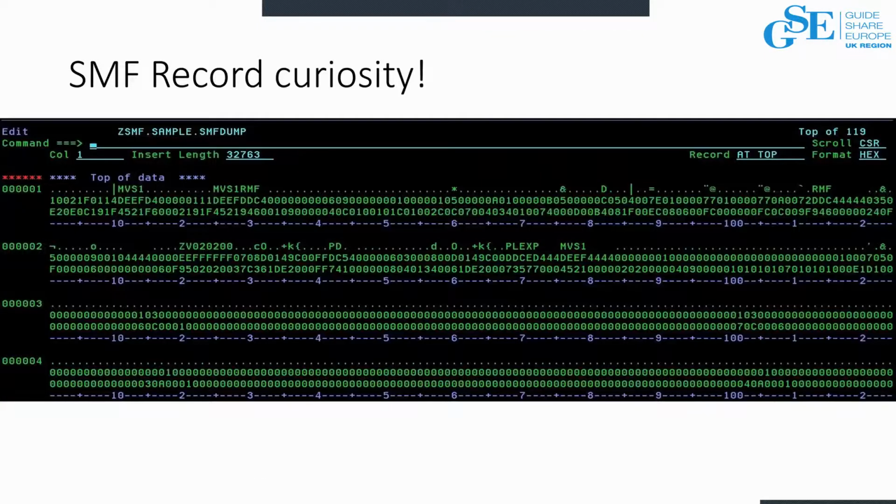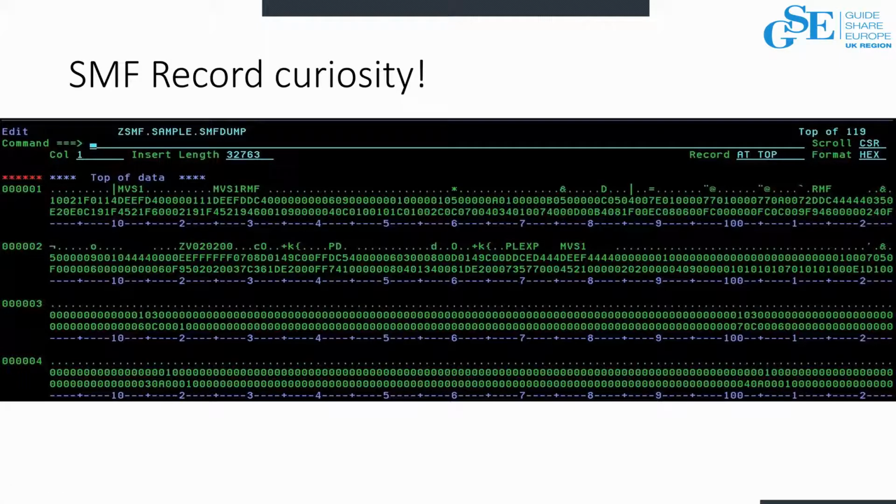those SMF records. And just out of curiosity, this is an example of SMF records. As you can see, you have many binary information and only a few fields you can understand. It should be here the LPAR name, here the z/OS version, or here is the sysplex name. Depending on the record, you have few fields that are character.